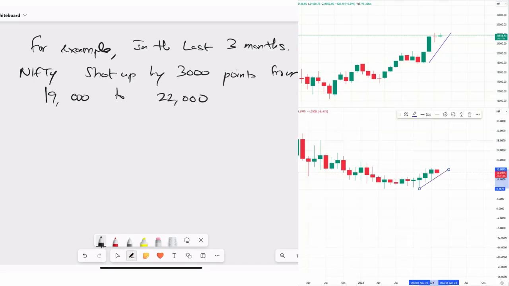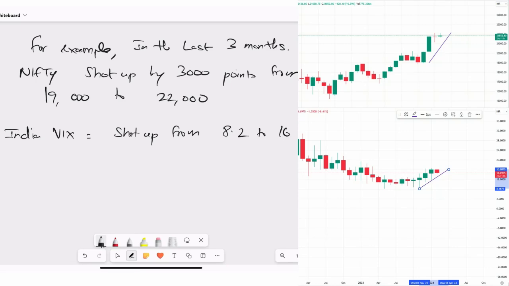Now, if you look at India VIX on the charts from November to January, India VIX also shot up from 8.2 to 16, which is almost 100%, right?